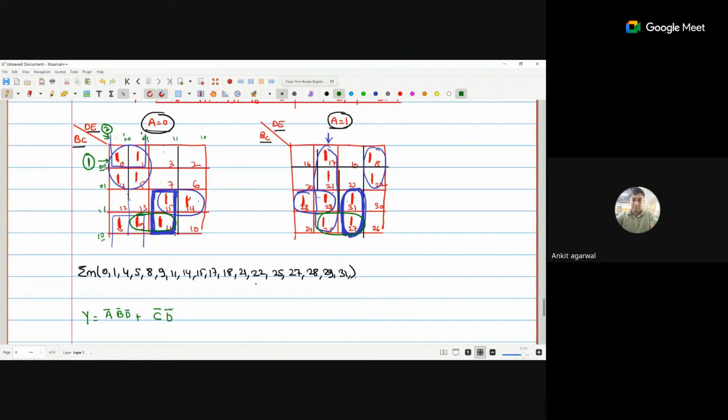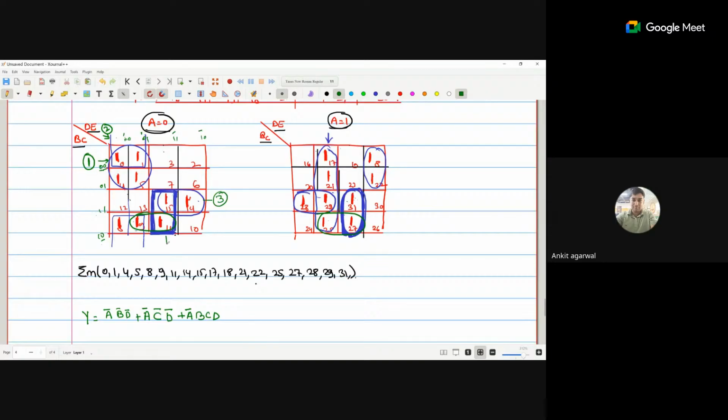But remember that for this matrix, A is also constant, so A bar. Clear? Now we are taking the third group. For this group, B and C are constant 1, 1, as well as D is also constant, that is also 1. But A is also constant, that is 0.